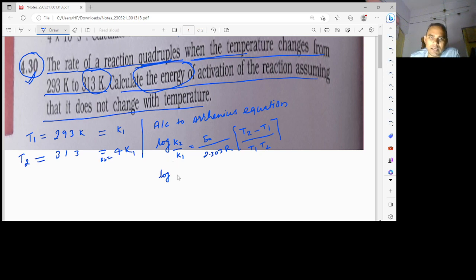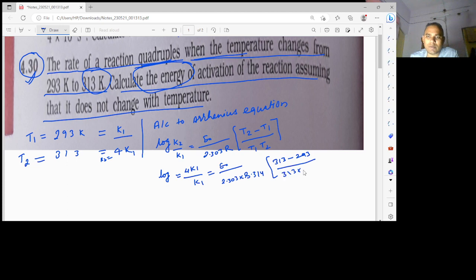So we write 4K1 divided by K1, equal to Ea upon 2.303 multiplied by R value, which is 8.314. Now in the bracket, T2, the temperature, is 313, minus 293, divided by the same values, 313 multiplied by 293.